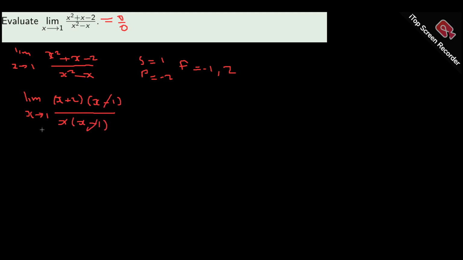This guy and this guy are just going to cancel, and we'll end up with x plus 2 over x. Then substituting 1 directly, now this one can work. 1 plus 2, that is 3 over 1. So the final answer is just 3.